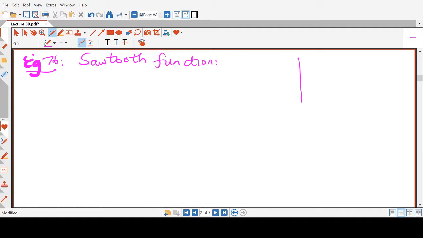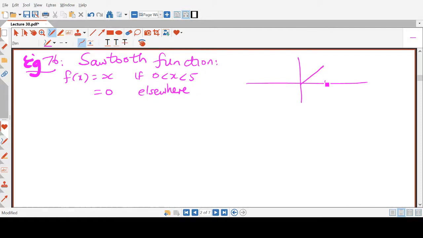Why they call it sawtooth is because it's like this: f of x equals x if 0 is less than or equal to x less than or equal to 5, say, and 0 elsewhere. But you know, these are periodic functions. So from here to here it goes up to 5, comes back down there, and then in the next interval it does it again. It's periodic, so it looks like a sawtooth.